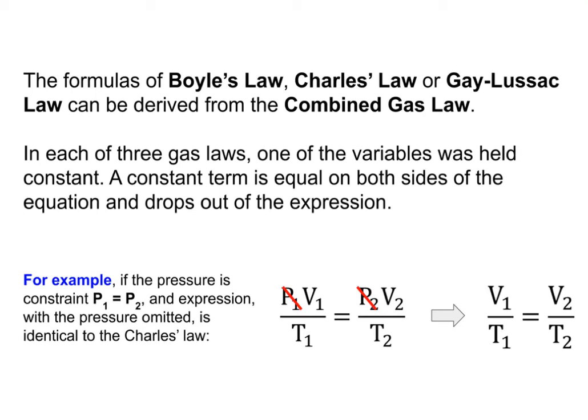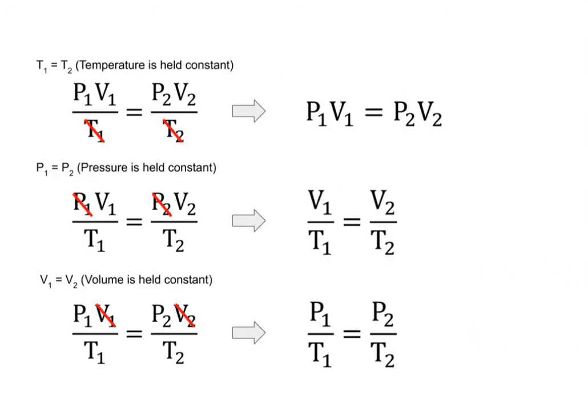For example, if pressure is held constant, then initial pressure will be equal to the final pressure. In an expression of the combined gas law, we will omit the pressure and we will end up with the formula identical to Charles' law.